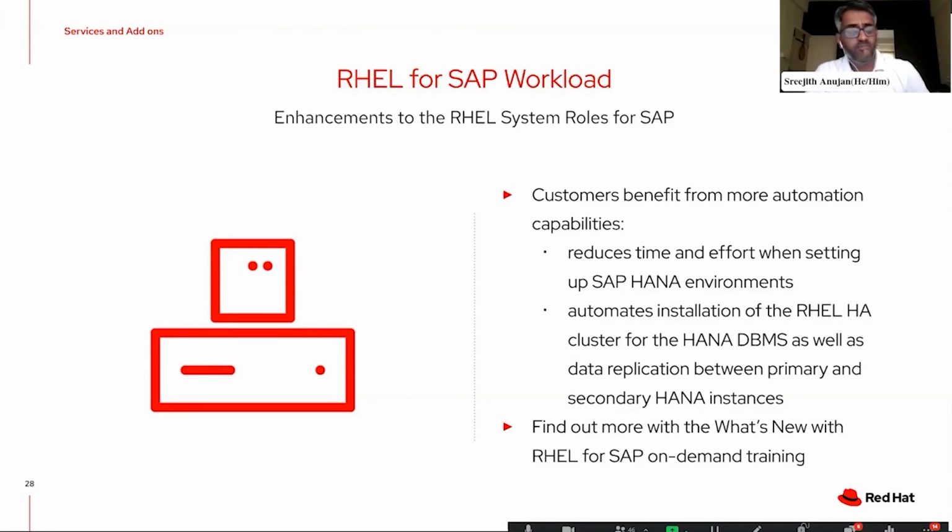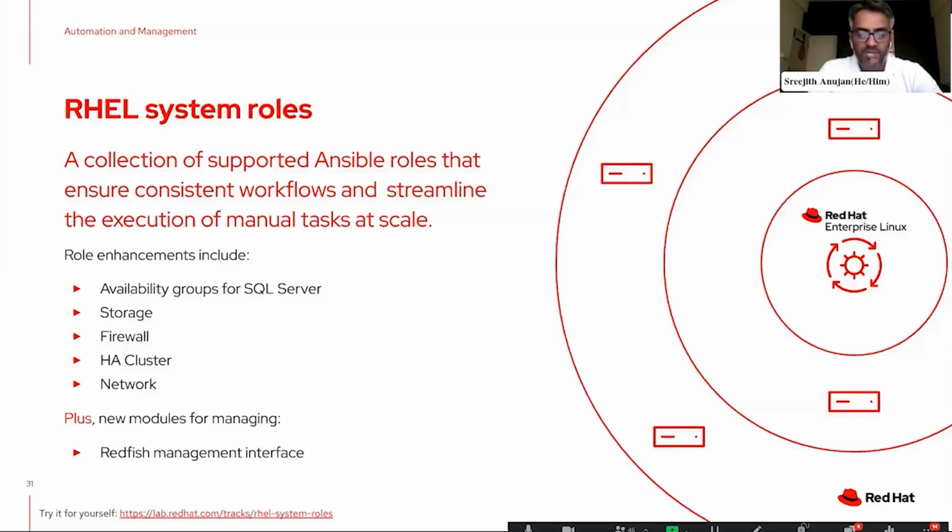The RHEL system role for SAP can also automate the installation of RHEL high availability clusters for the HANA database management system, so that you can configure a replication between the primary as well as the secondary HANA instances. So this is something which is a part of RHEL, which will seamlessly make your SAP workloads highly available by default.